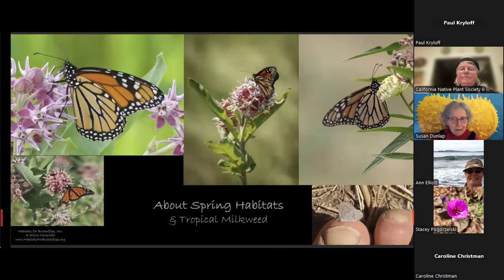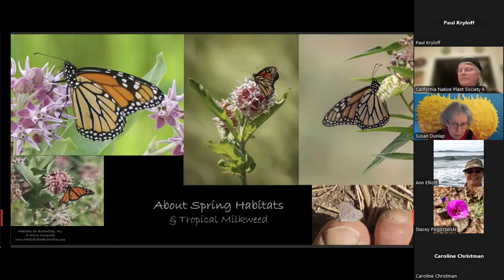I think it's important to talk a little bit about the location of useful monarch spring habitats. There is no peer-reviewed scientific literature dealing with this topic. The consensus from 2 of 3 national authorities is that any habitat can be developed that is a reasonable distance from an overwintering site.